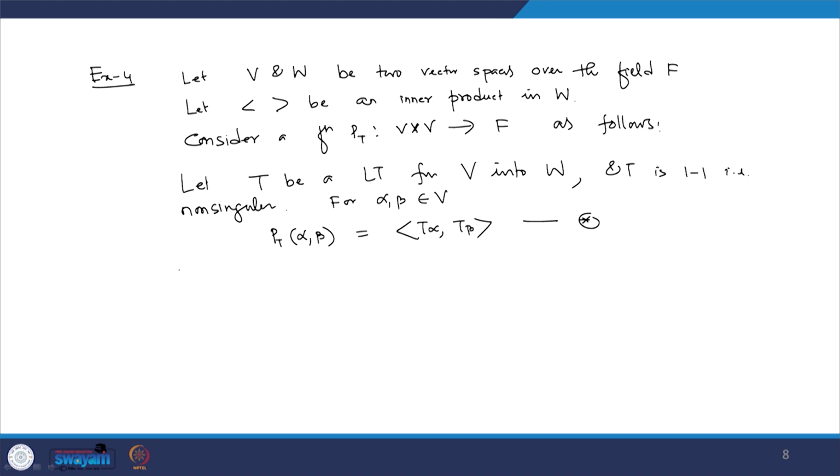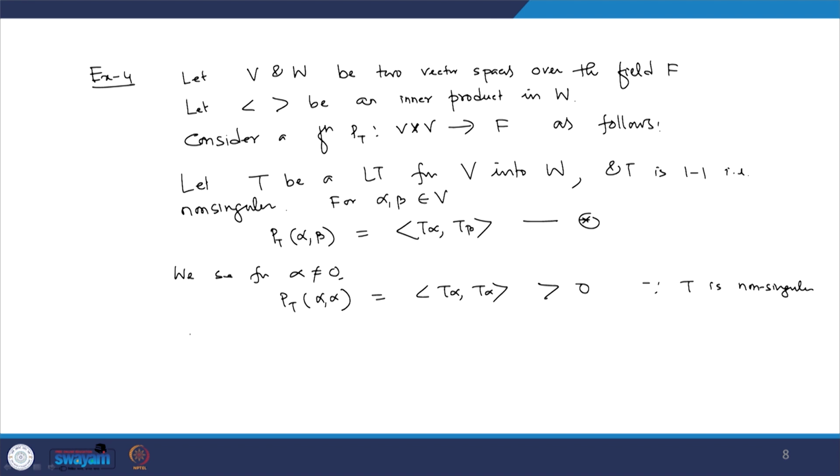So, we can check, for alpha not equal to 0, PT of alpha, alpha is equal to inner product of T alpha and T alpha, which is strictly greater than 0 because T is non-singular. So, T of alpha cannot be 0 if alpha is not equal to 0. Therefore, this is non-zero.